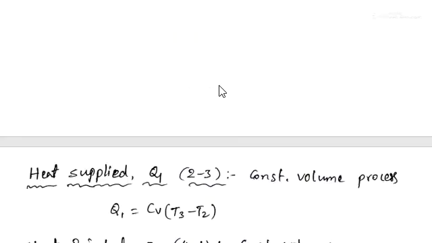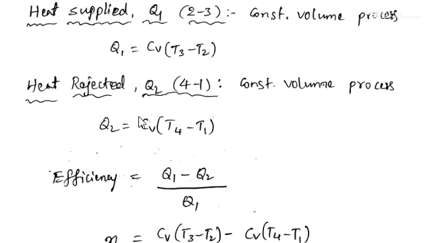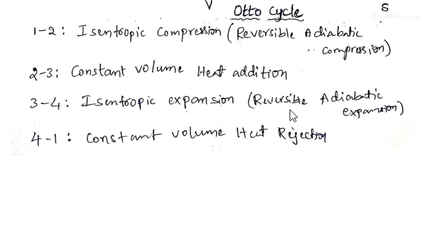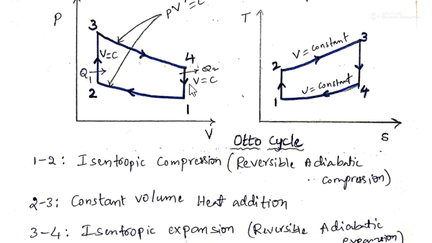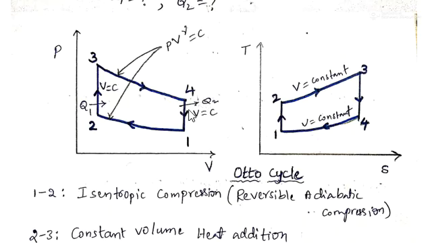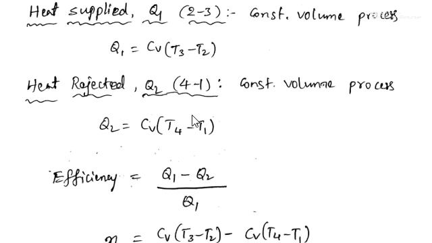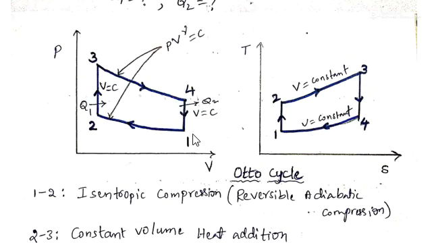Next, let us write the heat rejected Q2. Here also heat is rejected in a constant volume process, so it is Cv into T4 minus T1.